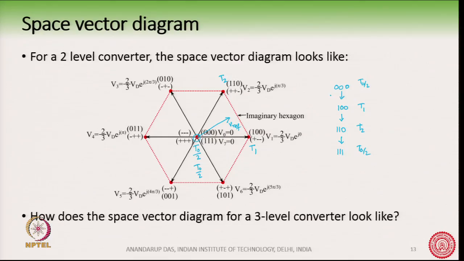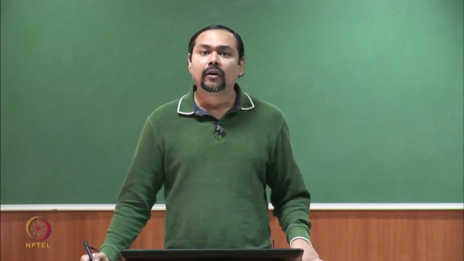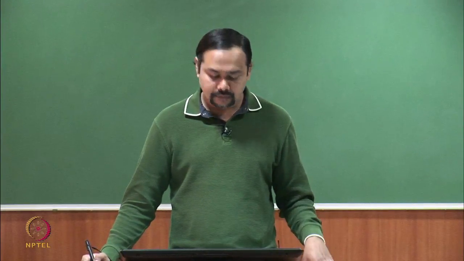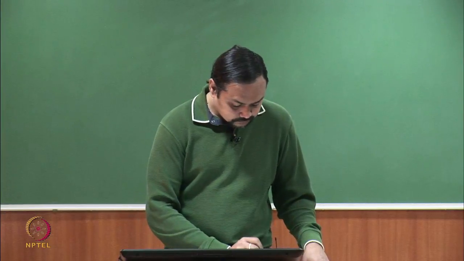So, in this 2 level space vector diagram, the starting vector and the ending vector in a switching cycle, this is the switching cycle Ts, are 0 vectors, they were 0 magnitude.